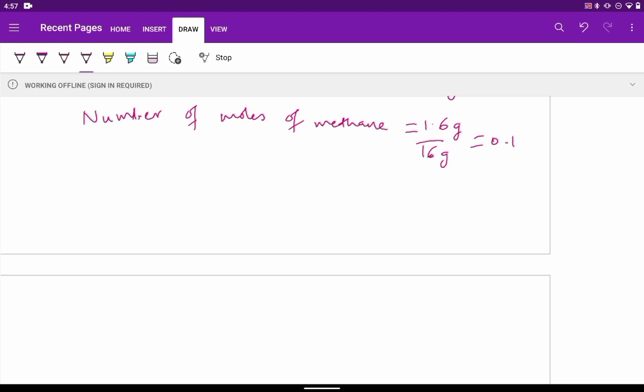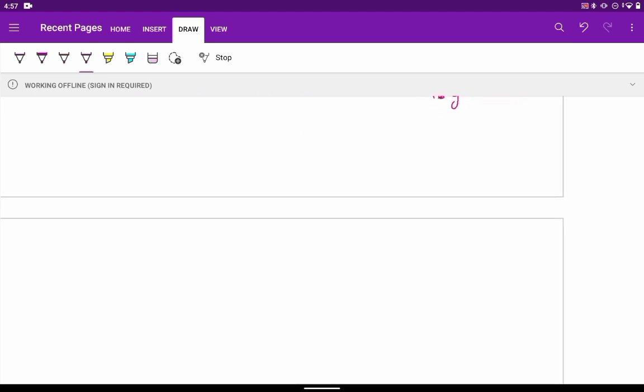So number of molecules in 0.1 mole will be equal to Avogadro number into 0.1.